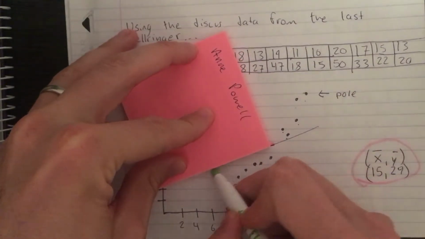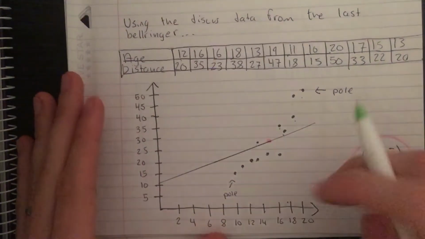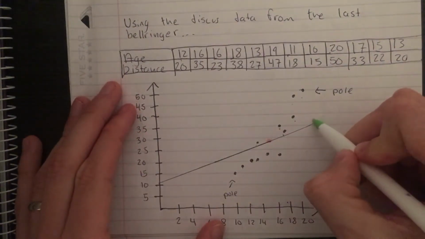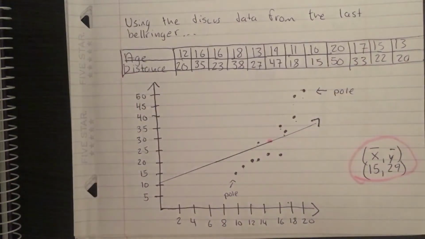So give or take, that line right there, we've got 6 points above it and 6 points below it. That is our line of best fit. And when you're doing it by eye, everyone can get a different line of best fit. They may not always be the exact same one, and that's okay.